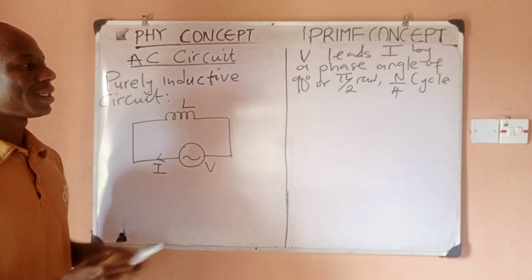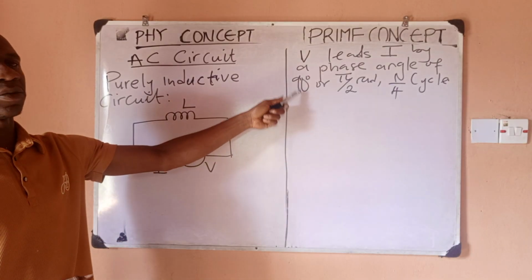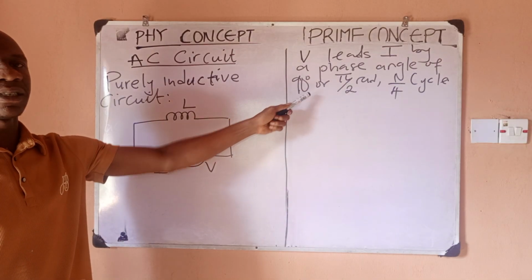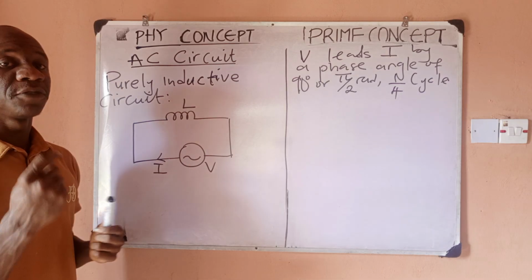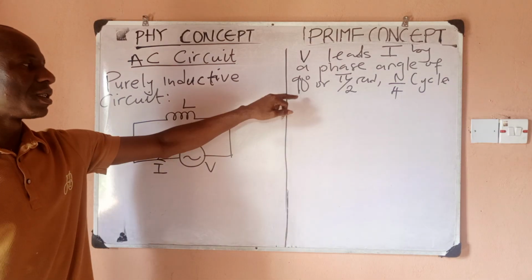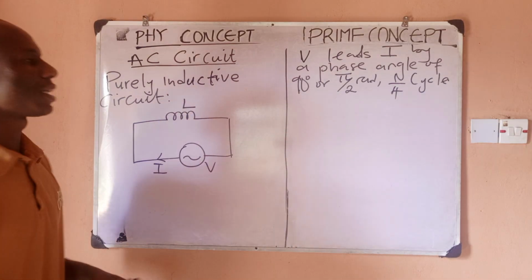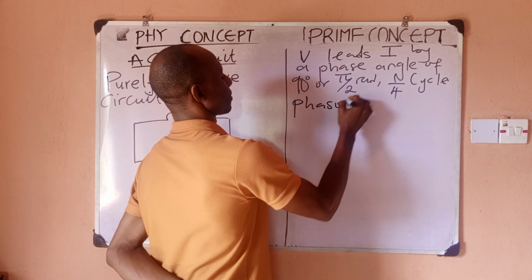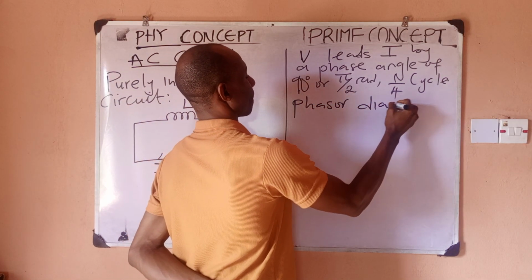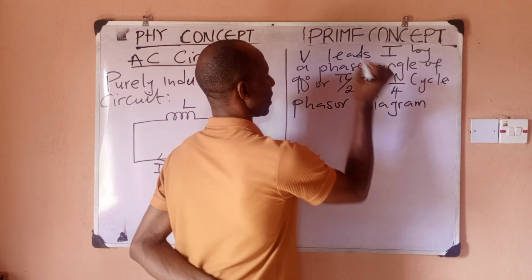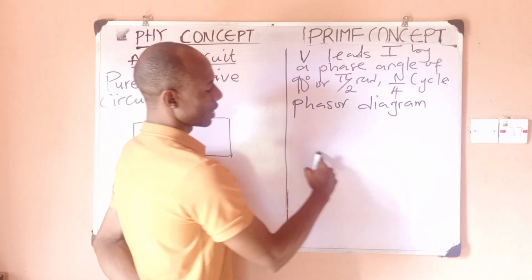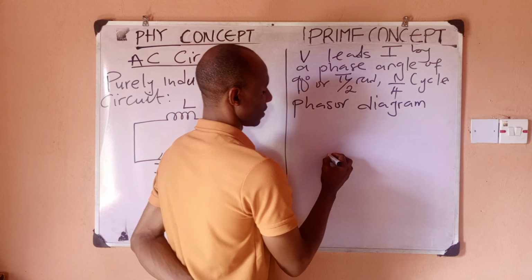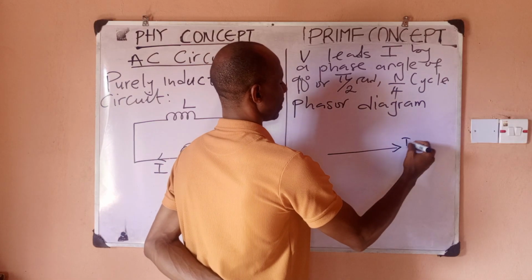Now, if there's a phase difference between voltage and current of 90 degrees, then we can draw a phasor diagram that shows this phase difference, or a vector diagram, what we know as vector. I can still call it a vector diagram. Now I want to take current as my reference, so I'm going to draw current on the x-axis.